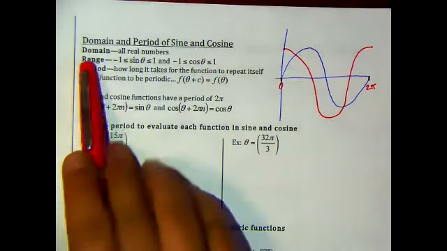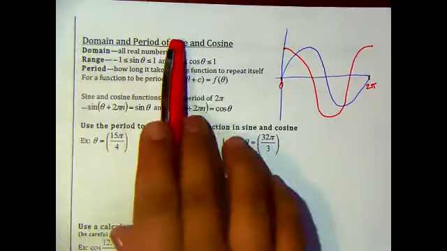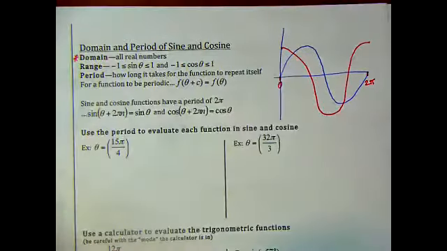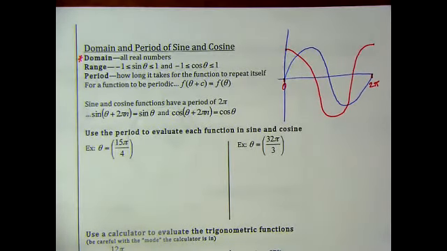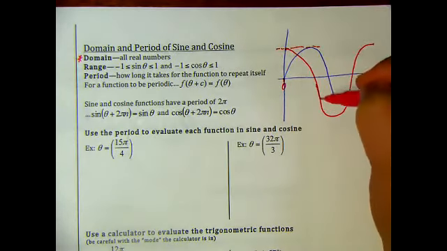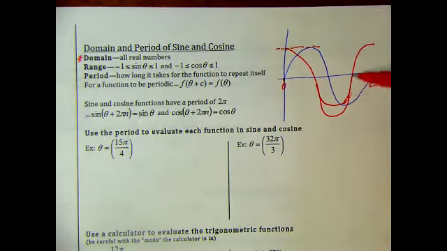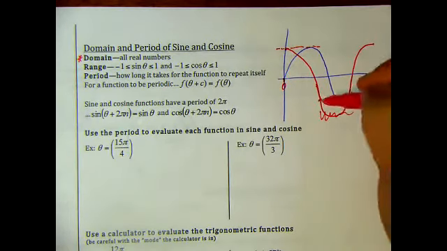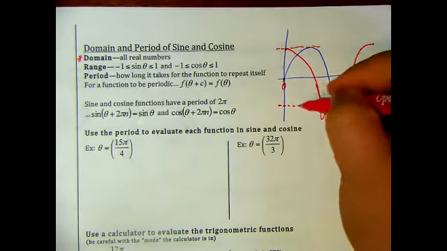Okay. So our domain for sine and cosine is all real numbers. That's really important to remember. Okay. Domain is all real numbers. And our range for both of them, notice that they both hit the same peak. And they both essentially hit the same low, which is down here.